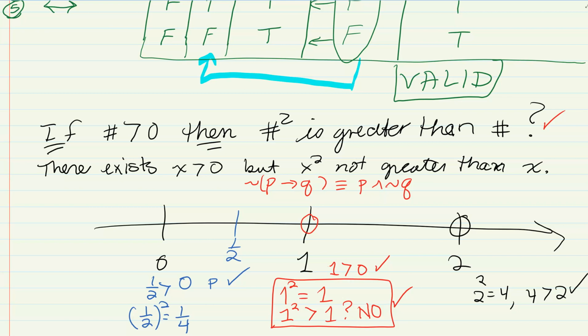Is 1/4 greater than 1/2? And the answer is no, it's not. So we have just shown P and not Q, which is the negation of if P then Q. So we have just denied this premise right here. So this premise is false.